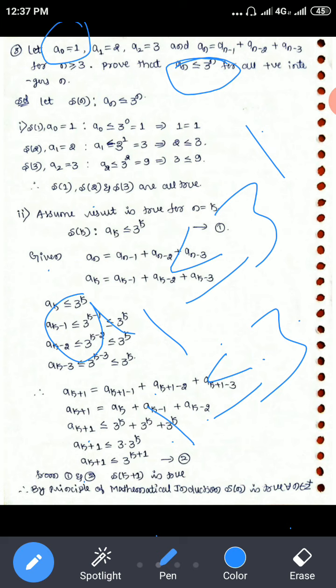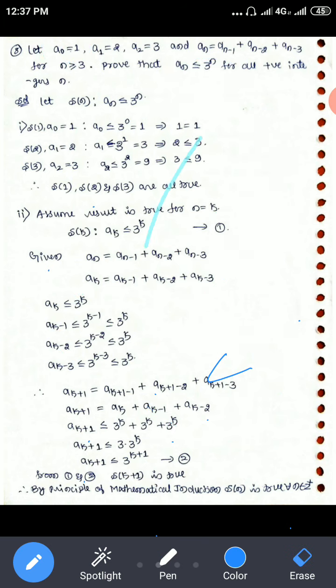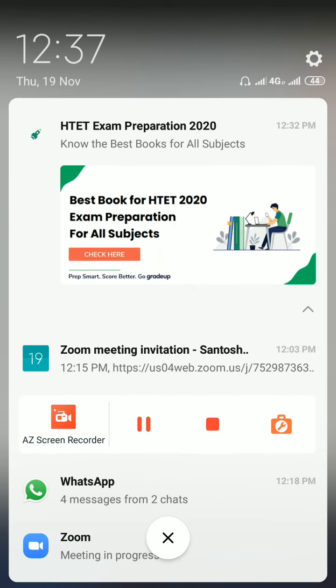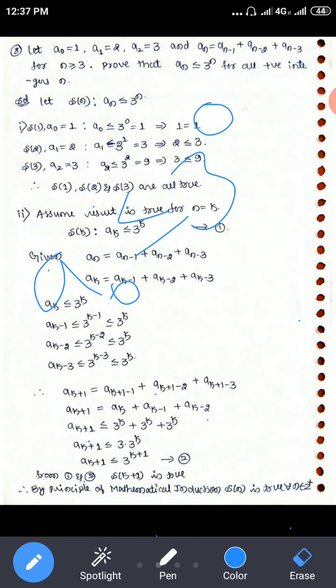Yes, sir. Okay. So that's what I've written here. Next, you can see here, first one is A naught. A naught less than or equal to 3 raised to 0. A naught means what? Given, A naught is 1.